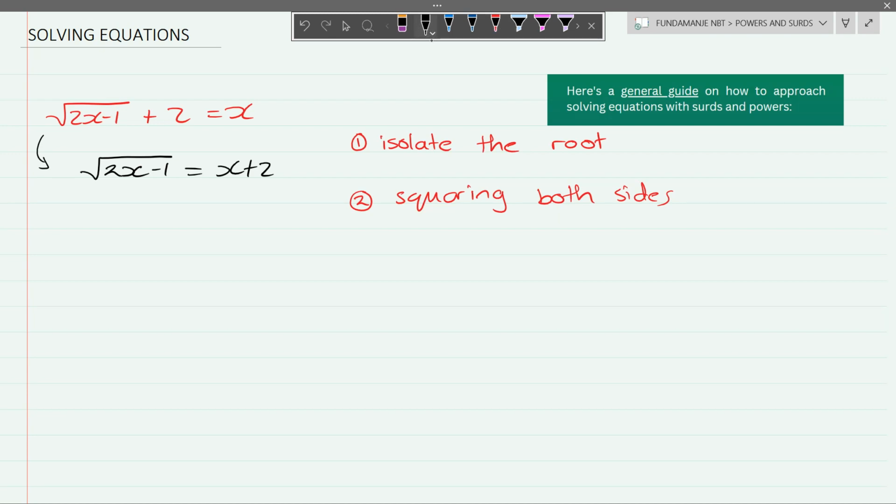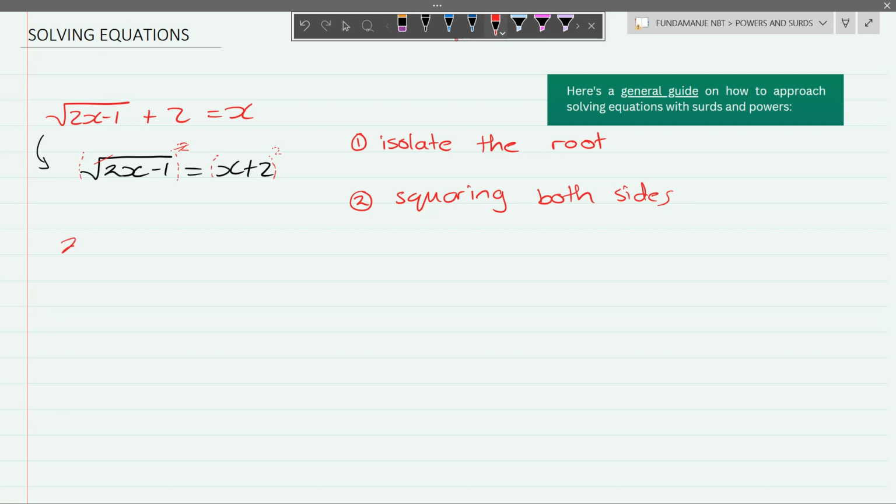So we square both sides to get, on this side, the squaring cancels the square root, and on this side we will have a binomial multiplication.